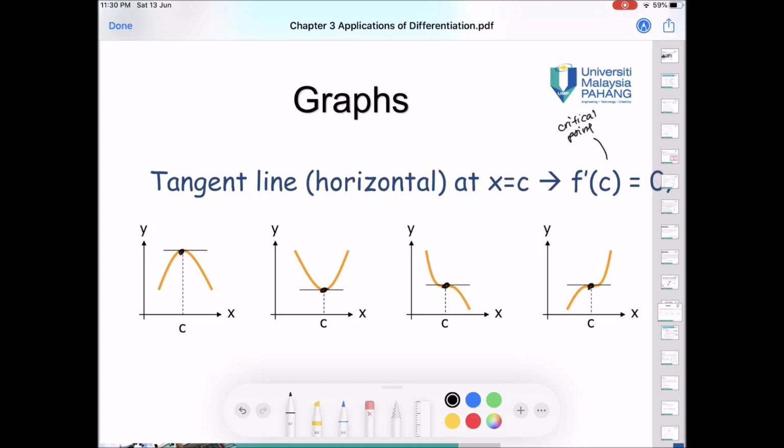If you can see here, we have a maximum, and then this one a minimum, and this one is neither a minimum nor a maximum. The fourth is also not a maximum or minimum. We will come to these two later.